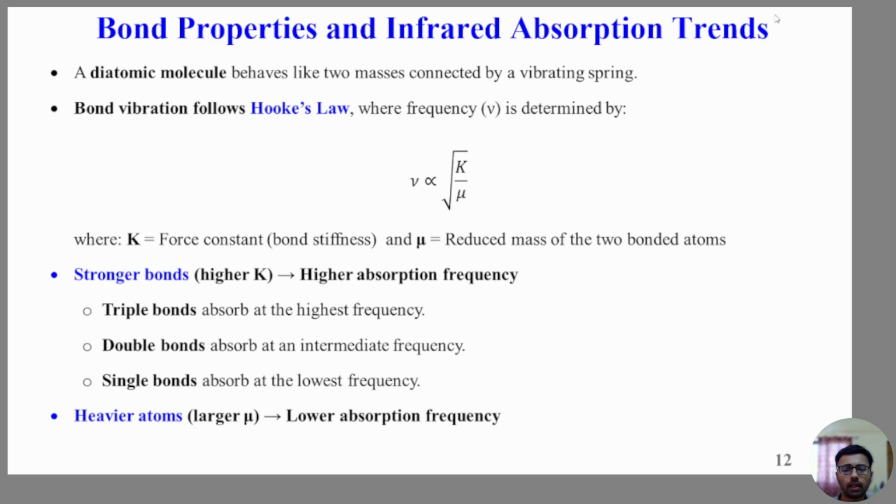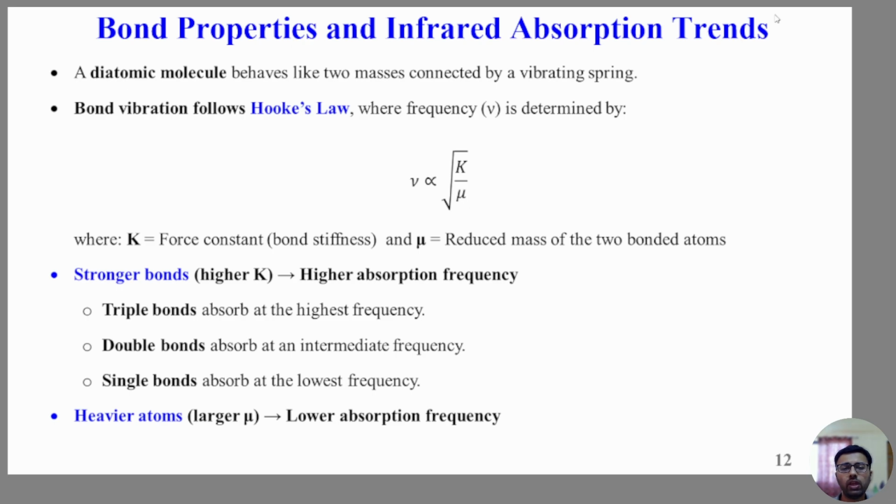The reduced mass depends on the masses of the two atoms involved in the bond. It is mathematically calculated using the formula mu is equal to m1 into m2 divided by, in the bracket, m1 plus m2, where m1 and m2 represent the masses of the two atoms. The reduced mass essentially describes how heavy the vibrating system is.